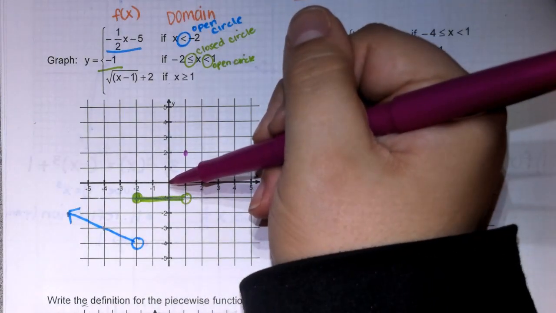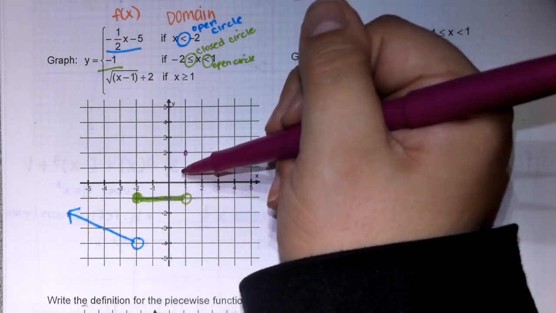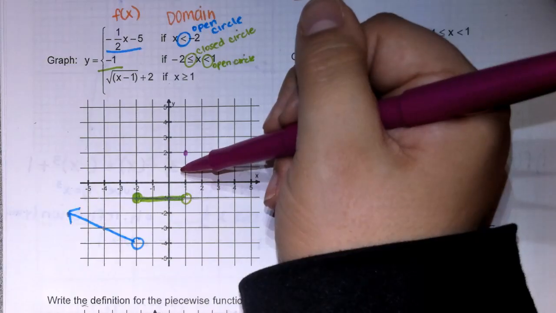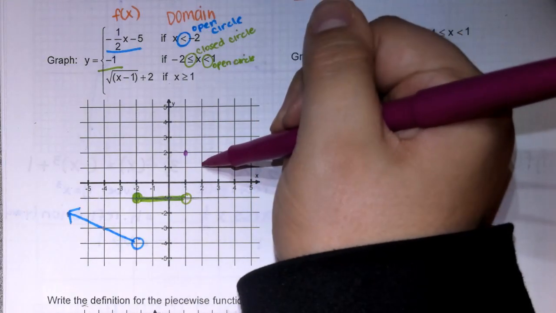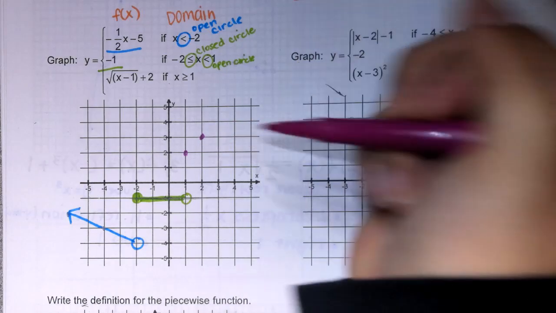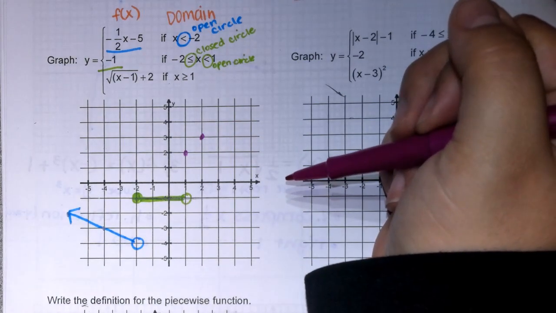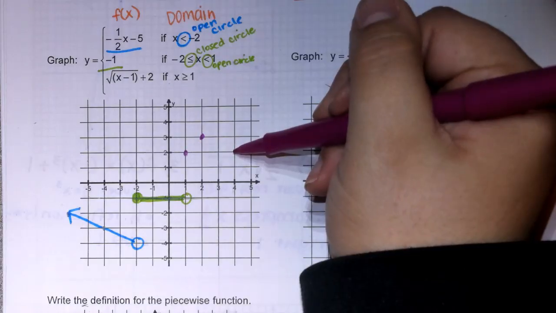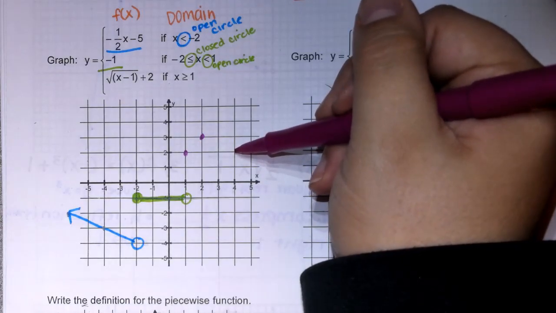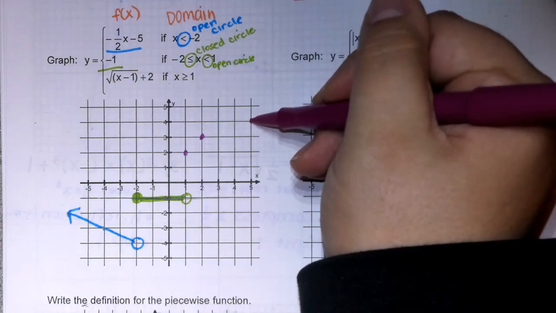The parent function of square root then starts at 0, 0, goes to 1, 1. But instead of plotting 1, 1, what am I going to do? Right 1 up 2. It also plots 4, 2, because the square root of 4 is 2. But instead of plotting that, I'm going to go right 1 up 2.